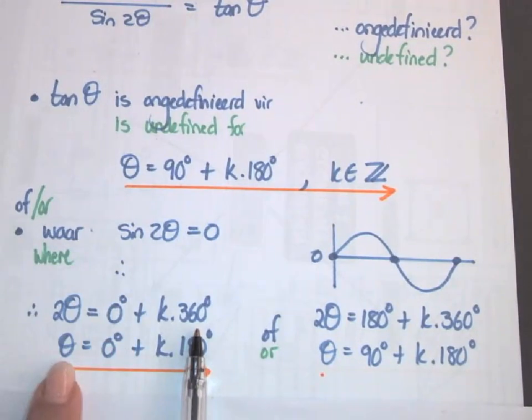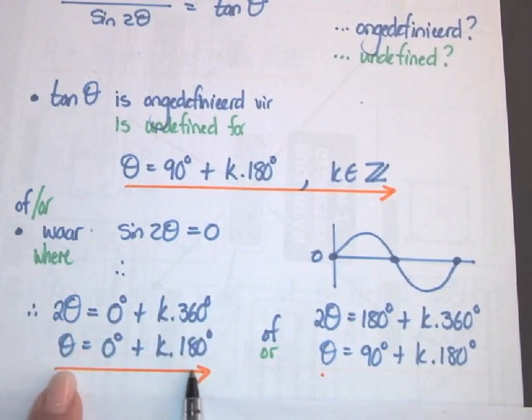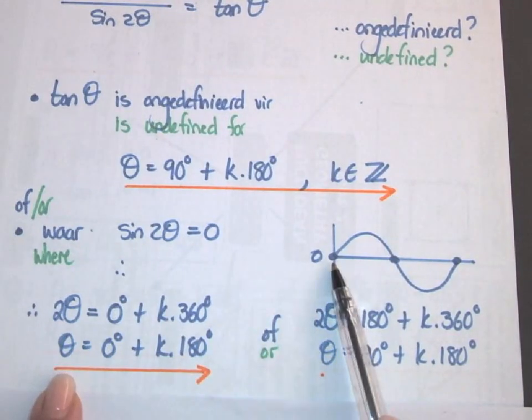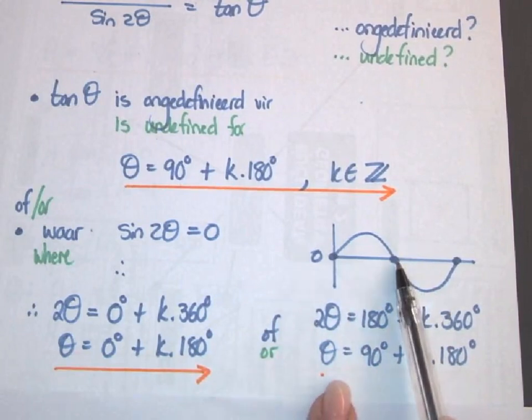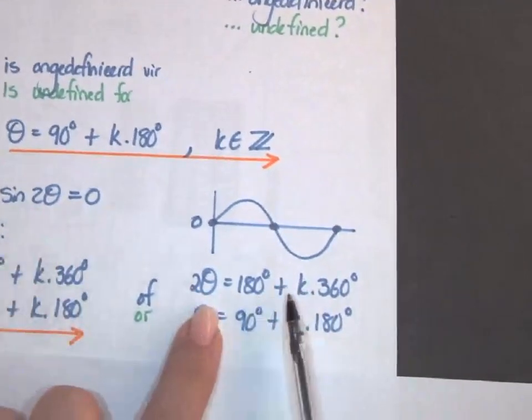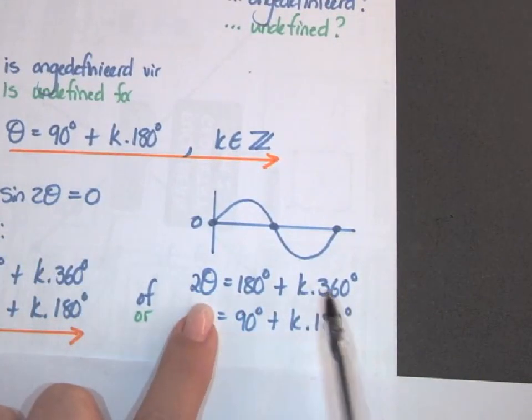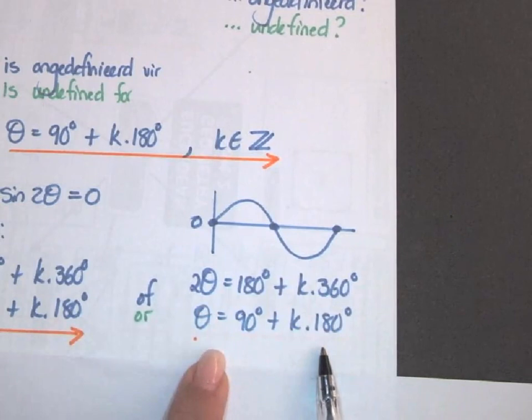Then you divide by 2, but remember, if you divide by 2, you must divide every term by 2. So that's why it changes to k times 180 degrees. Or, if it's not 0 degrees, it can be 180 degrees. So if 2 theta is 180 plus k times 360, divide every term by 2, and then you get that.